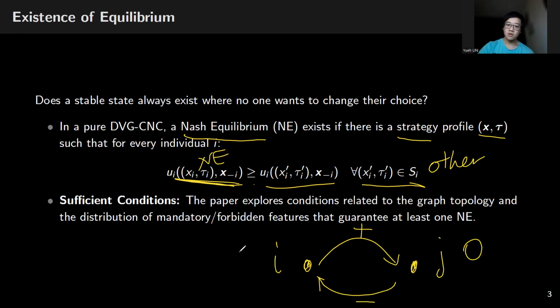Then the weighted sum of I with respect to feature F, where we sum up all the enemies' points, is going to be 0. So it must be smaller than tau_i. I is suggested to vote 0 as well.